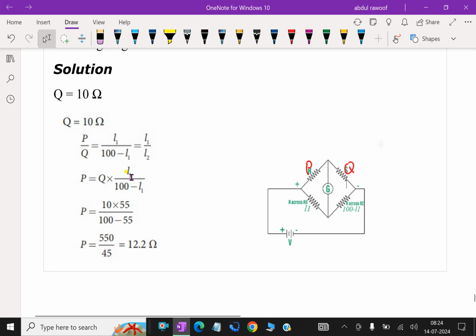We have L1 over 100 minus L1, Q equal to 10, L1 is 55, suppose it's given, and 100 minus 55 is 45. By solving this, we have the unknown resistance P as 12.2. That means if Q is given, we can find the unknown resistance P by using the meter bridge. Even if Q is unknown, we can find it if P is given, with the same procedure.